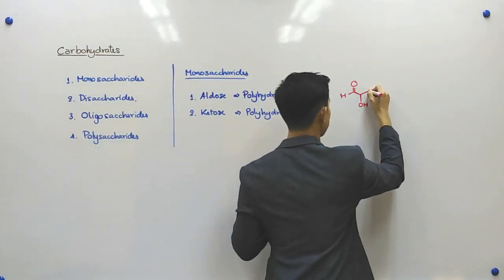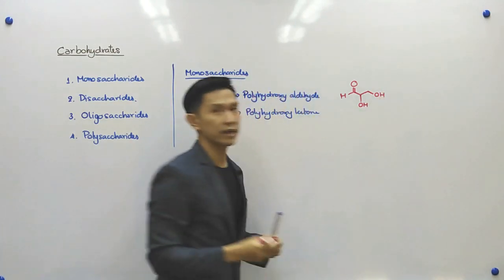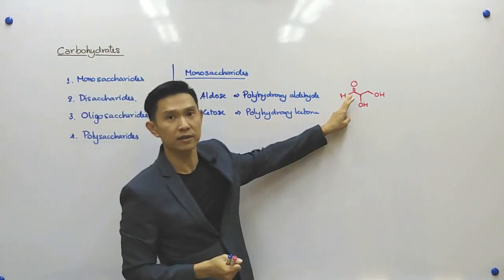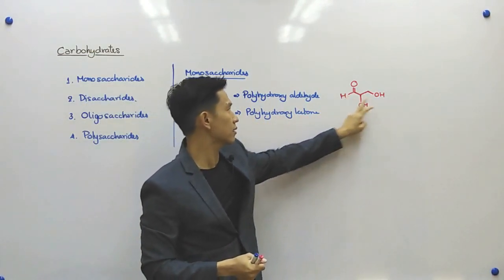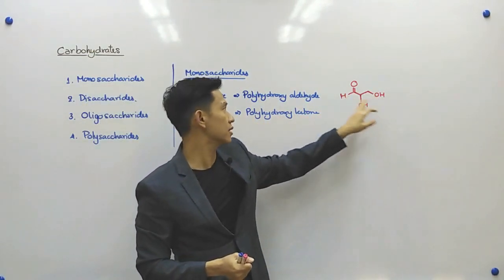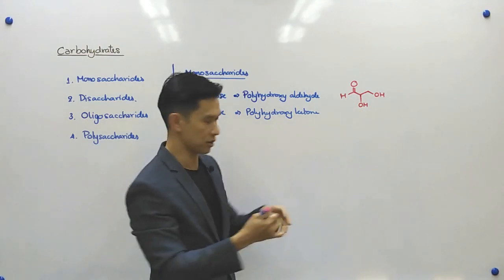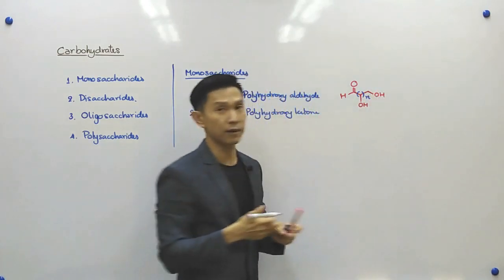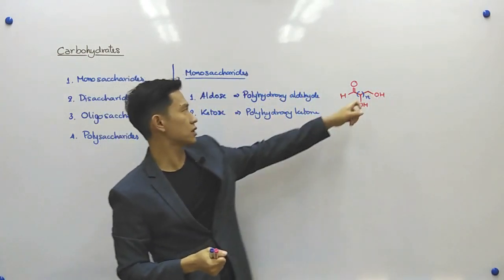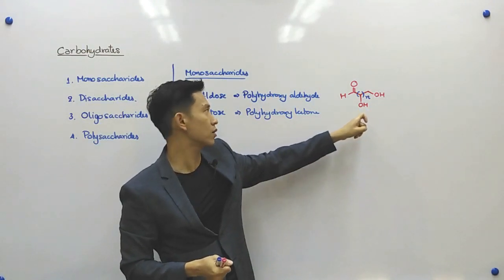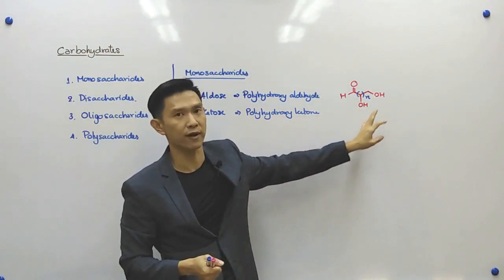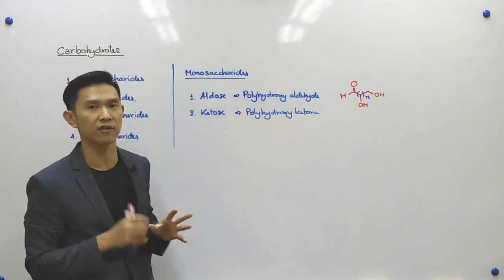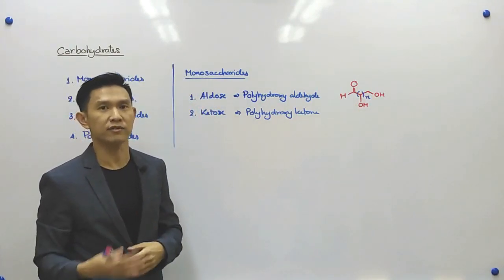Let's say we start from 3 carbons in the molecule: we have aldehyde on the first carbon, but the rest of the carbons in the structure contain OH. We may have more than 3 carbon atoms, so I will put the n here, to say that whether you have 4, 5, 6, 7 carbons, all of them contain OH. This is just a conventional monosaccharide structure.